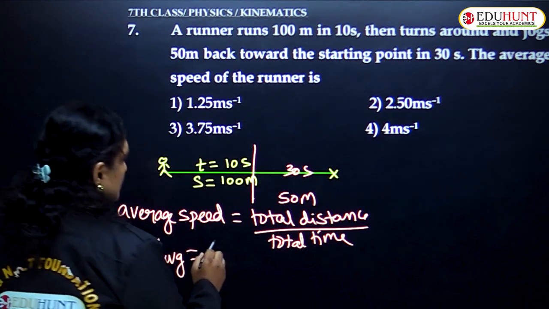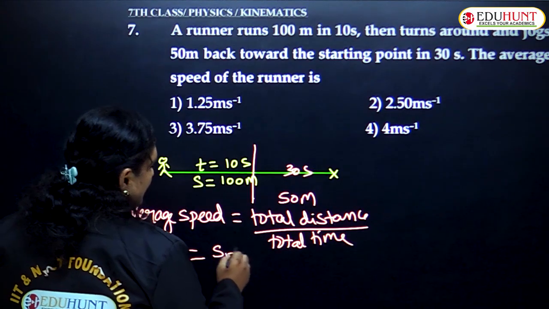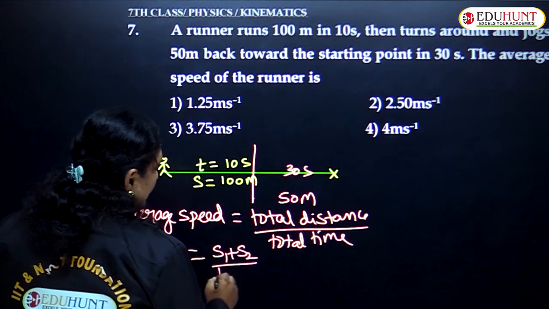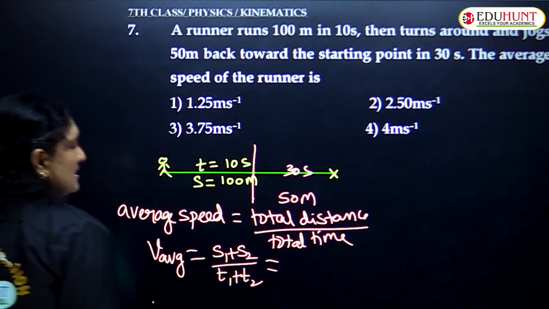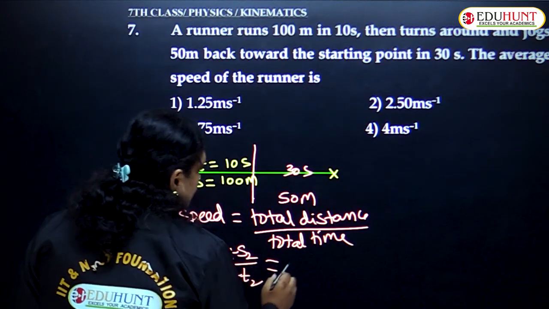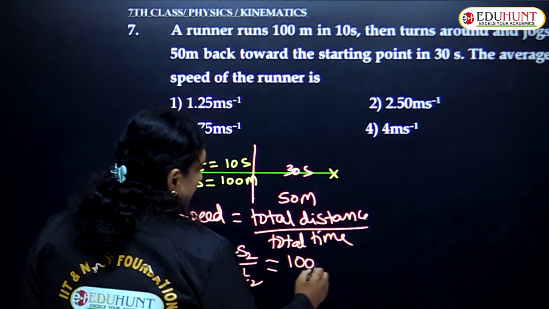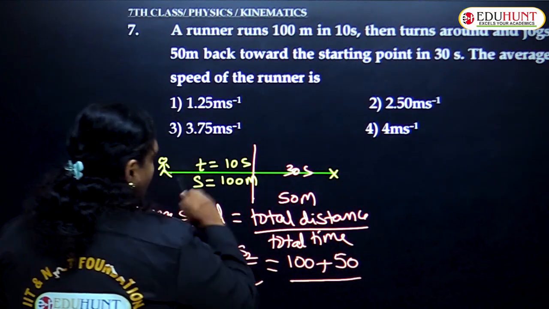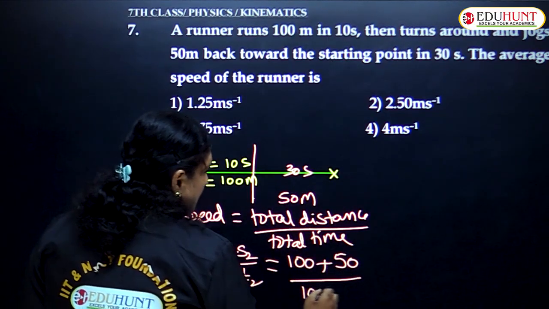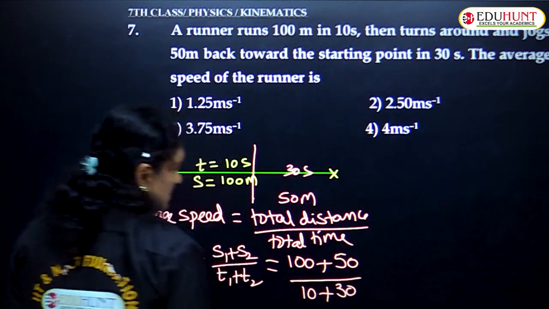Total distance by total time, formula-wise S1 plus S2 by T1 plus T2. What is S1, children? What was the initial distance he covered? Here to here it is 100 meters. And the next distance he covered was 50 meters, upon the initial time of 10 seconds and the later time he took, 30 seconds.